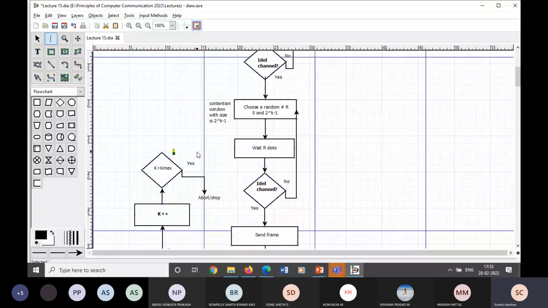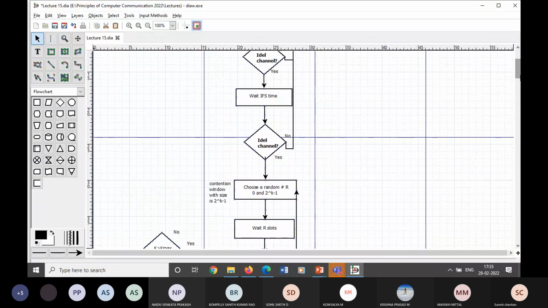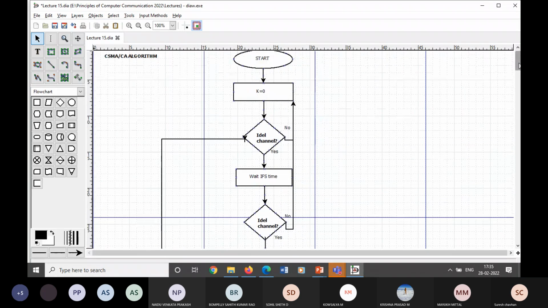Suppose it has not reached its limit, then it has to again sense the channel. From here we can put the loop back, and the same process will be repeated.